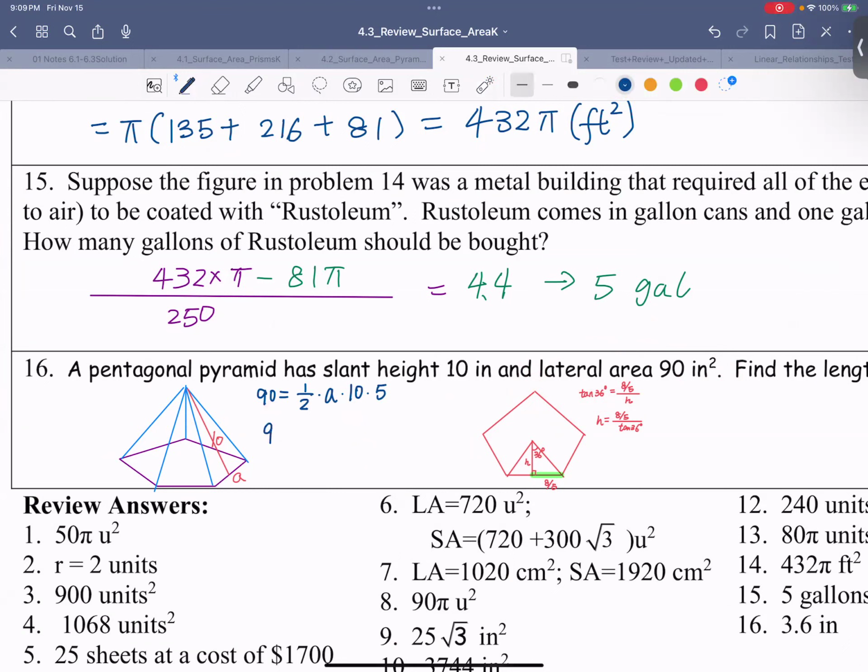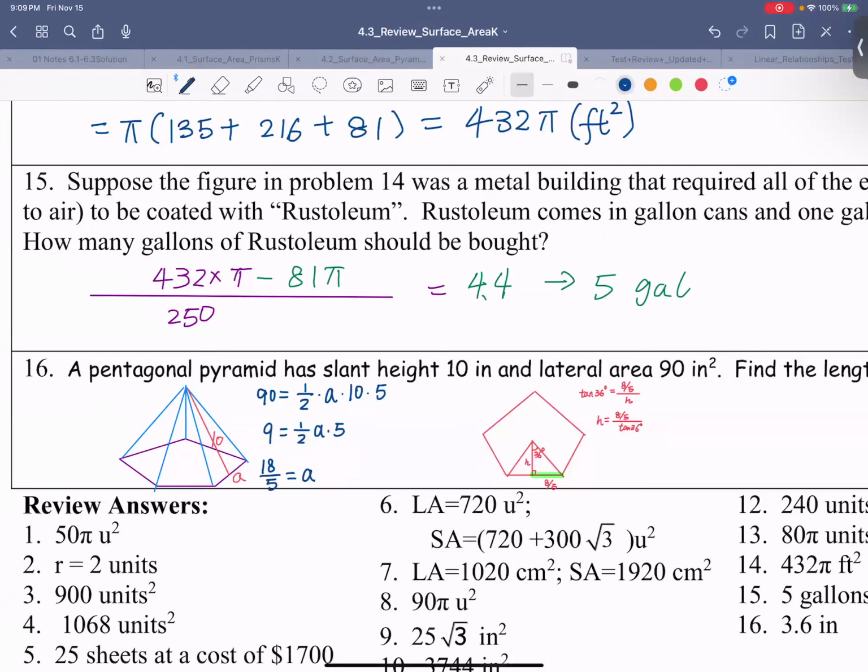So 9 equals to 1/2 A times 5. Keep going. Which is 1/2 A times this is 5. 18, yeah, 18 over 5, right? 18 divided by 5 equals to A.